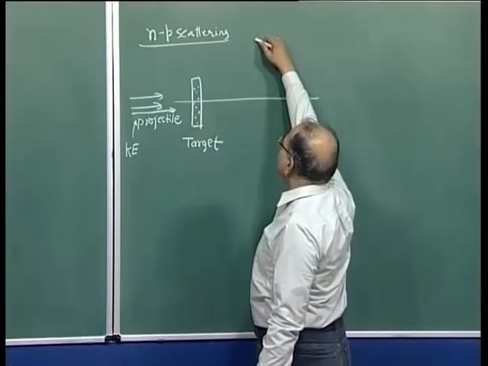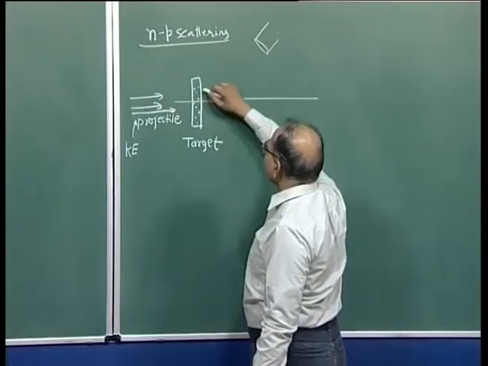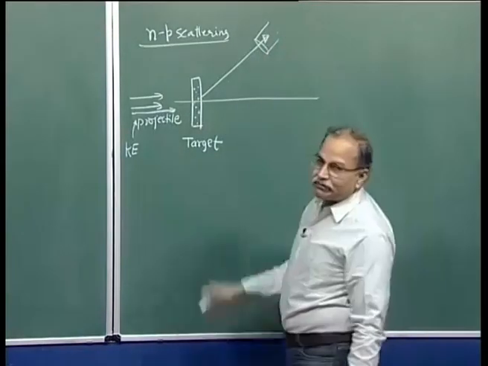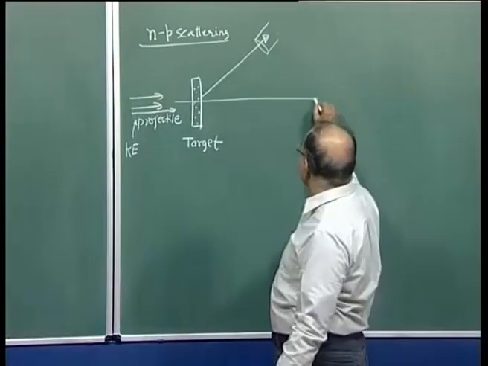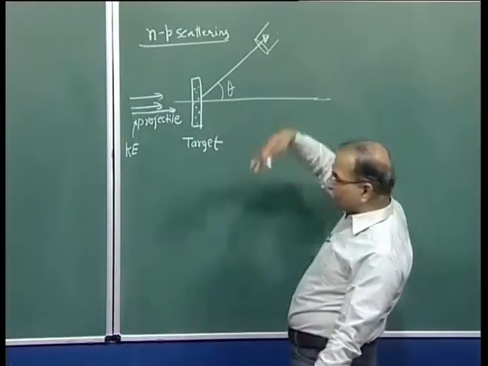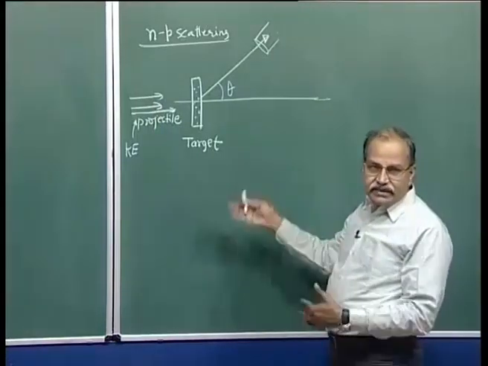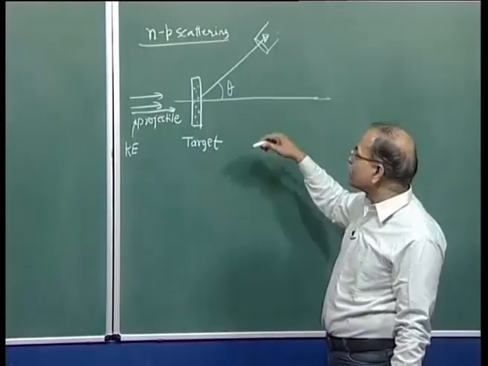So, you put your detector somewhere at some angle. If the particles are going in this direction, this detector will pick it up, and this you take as the z axis, and this angle is theta. You can also change phi, but normally the scattering is independent of phi, it depends only on theta in this type of geometry.